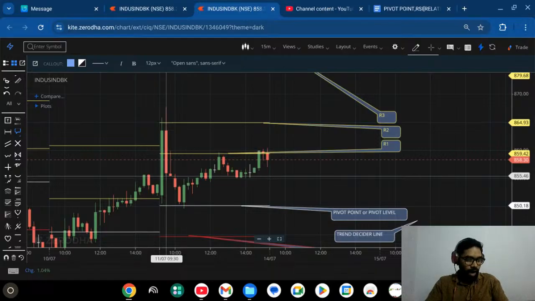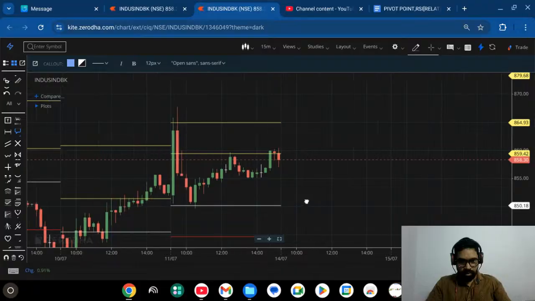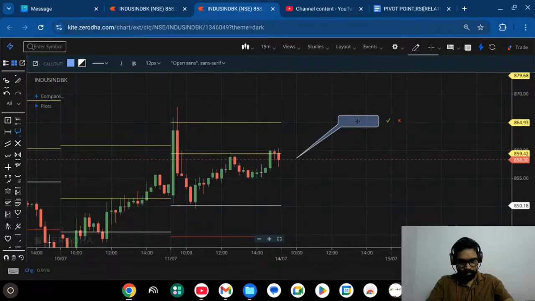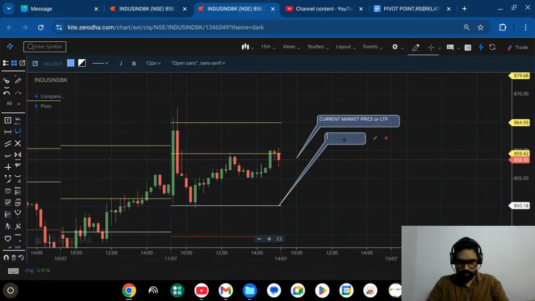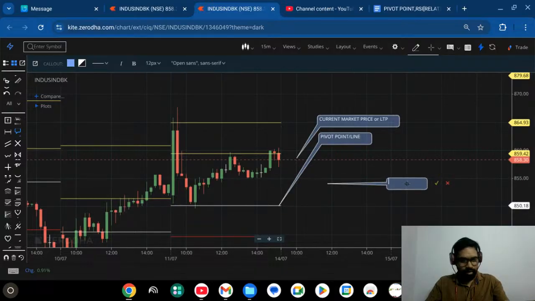Okay, so let me explain in detail. This is the current market price, we can say LTP, latest trading price. This is the pivot point or pivot line. Now in this scenario, see what is happening.